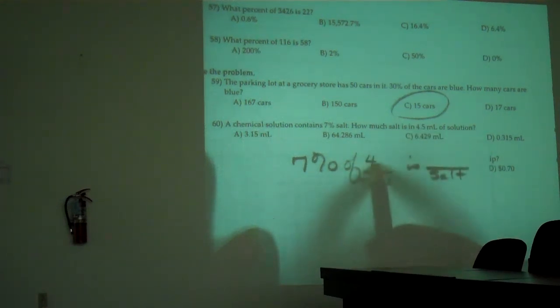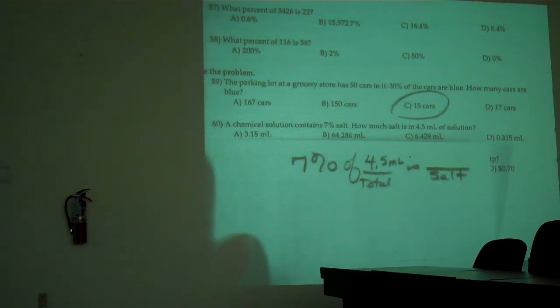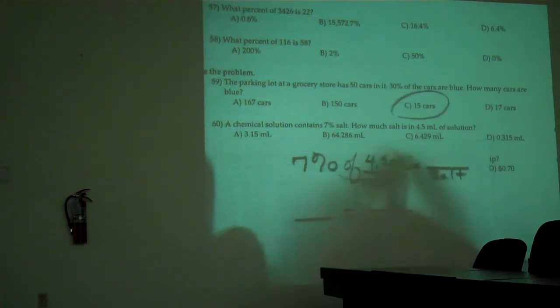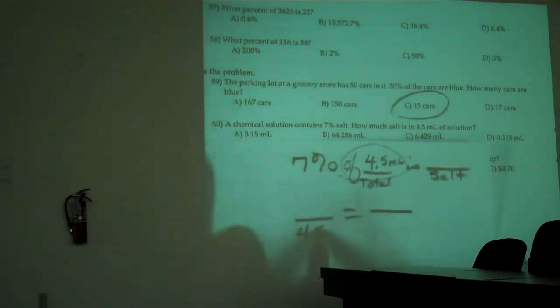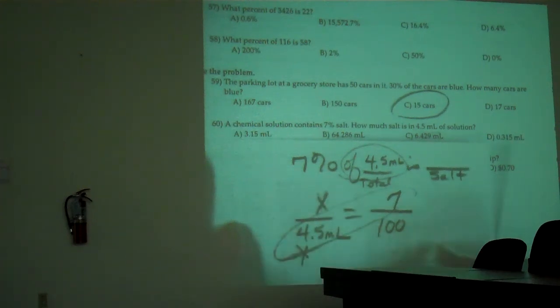So that's the of, the 4.5 milliliters. So we need to set up our proportion. Our of is 4.5 milliliters. Is, we don't know. That's how much salt is in there. 7 is our percent, goes over 100. So 7 times 4.5 divided by 100.